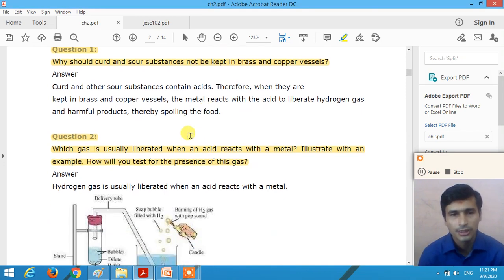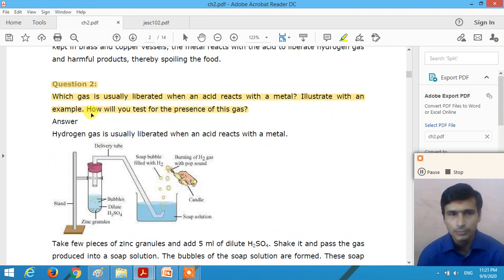Now question number 2. Which gas is usually liberated when an acid reacts with a metal? Illustrate with an example. How will you test for the presence of this gas? When an acid reacts with metals, hydrogen gas is liberated, right?